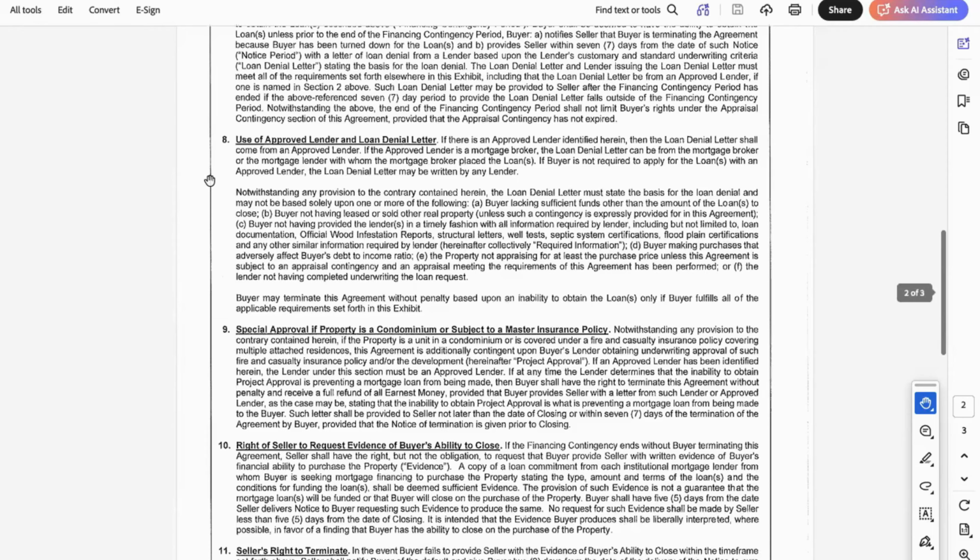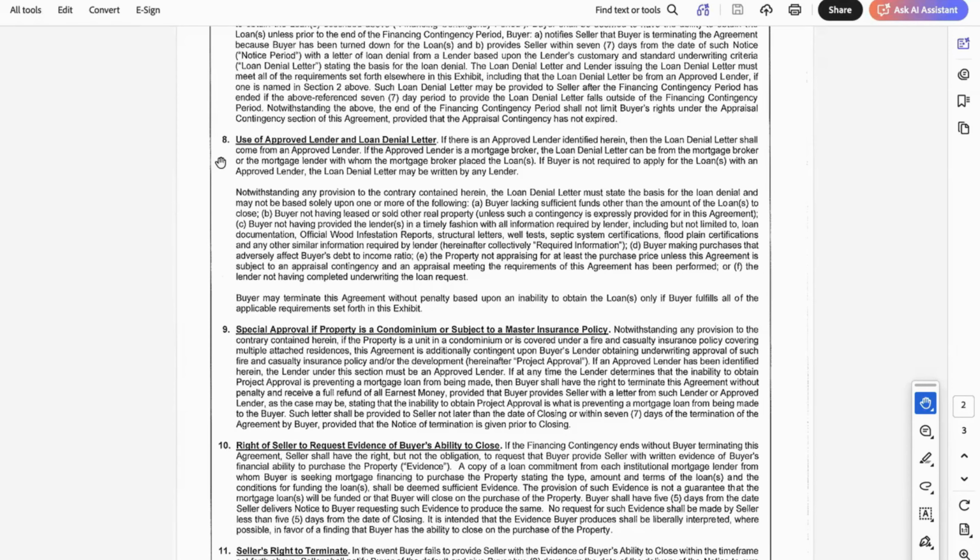8. Use of approved lender and loan denial letter. If an approved lender is listed, denial must come from them. Denial must state the actual underwriting reason.